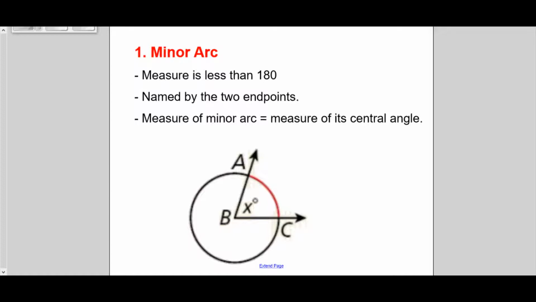So in this example down here, we would name this red arc from here to here, AC with a little arc over it. So this will be called arc AC. The measure of arc AC would be x degrees because that's what this angle measure here is.